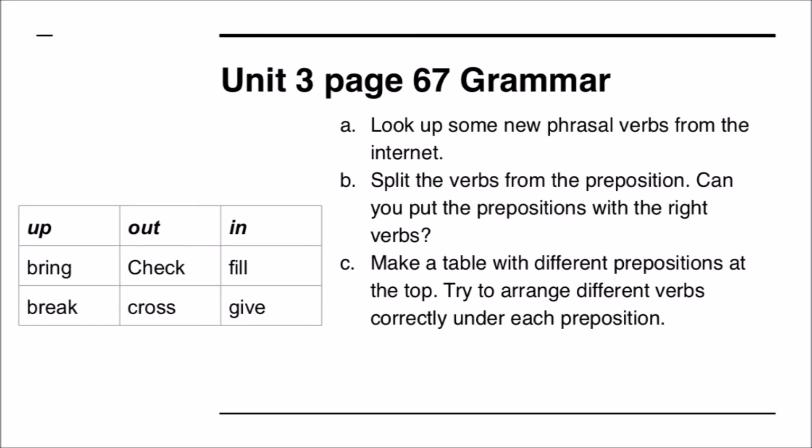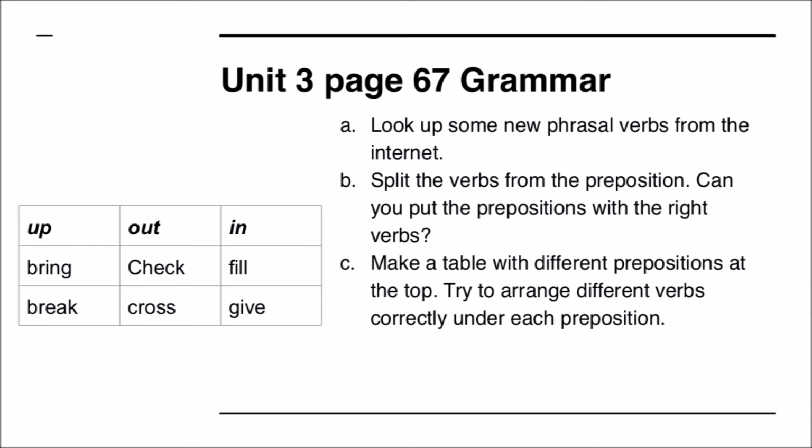Now let's turn to page 67, still in Unit 3, but now we're going to look at the grammar, and this grammar point is about phrasal verbs, and there are lots of phrasal verbs which we use in English. So if you can see there's a table there.